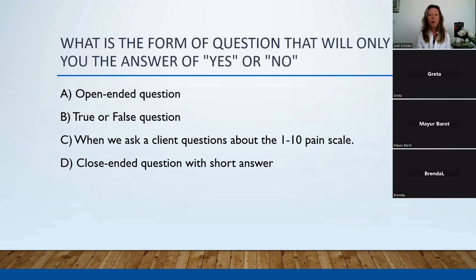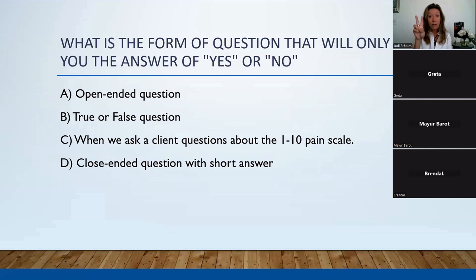What is the form of a question that will only allow you to answer yes or no? What is the form of the question that will only give you the answer yes or no? I just did another technique there. I read the question twice.